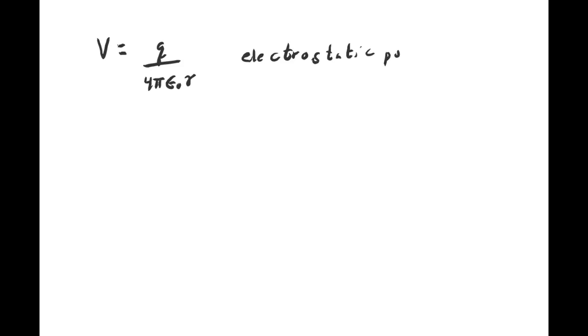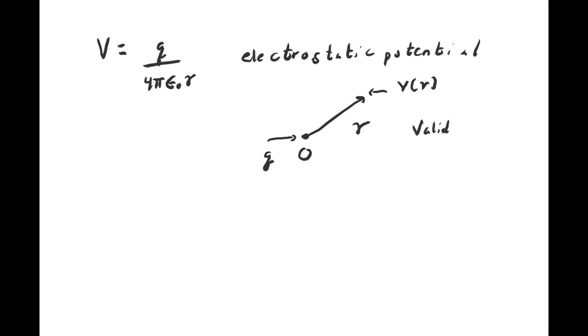And I remind you that this expression for the electrostatic potential, where here's an origin, here's a distance r, and my charge is located at the origin, so I'm calculating the electrostatic potential there. This is valid only if the charge is at the origin, which is very restrictive.